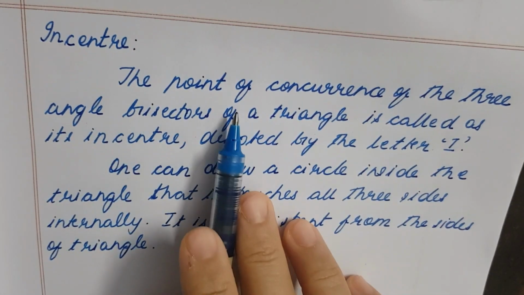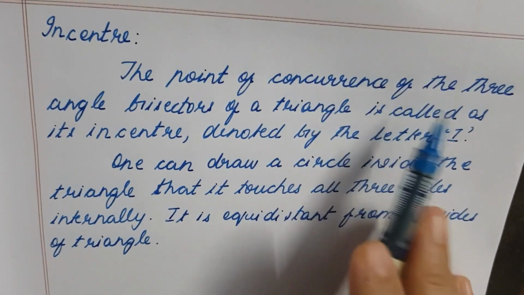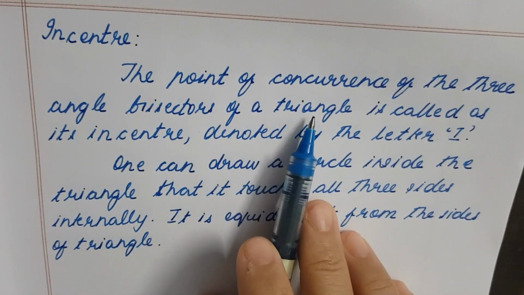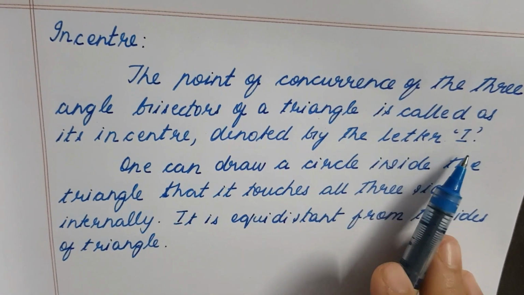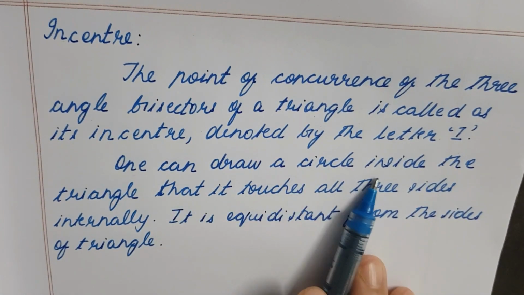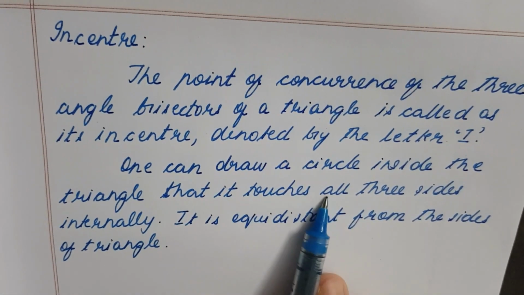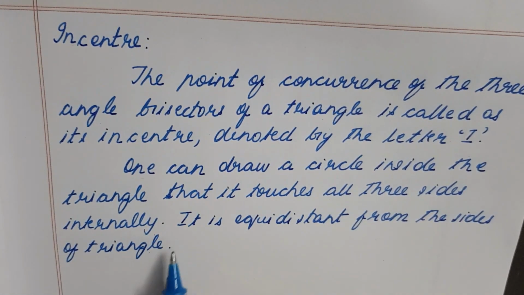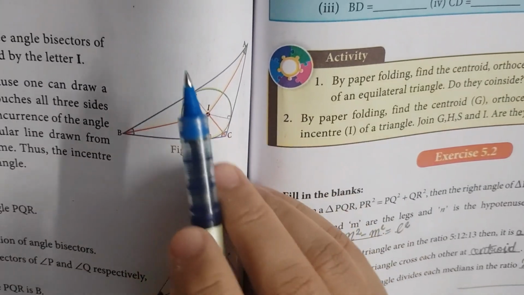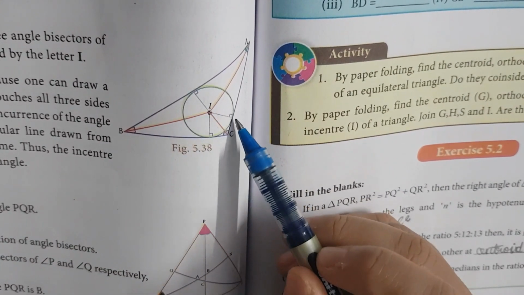Incenter: the point of concurrency of the three angle bisectors of a triangle is called the incenter, denoted by the letter I. One can draw a circle inside the triangle that touches all three sides internally. It is equidistant from the sides of a triangle. So now, if you look here, there are 3 angles.